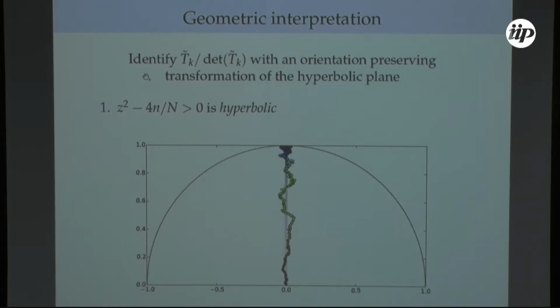So what does it do? It fixes a point on the boundary of the hyperbolic plane, and it pushes things towards it. So if you just took the deterministic matrix, you would see this gray trace going on below. That would be the orbit of a single point under iterated applications of this deterministic matrix. Around it, I put a perturbation in diffusive scaling.